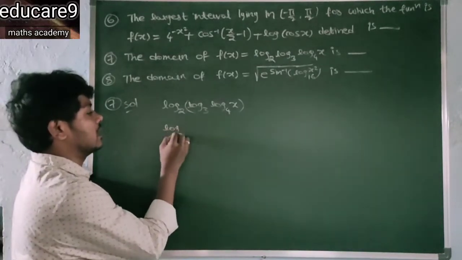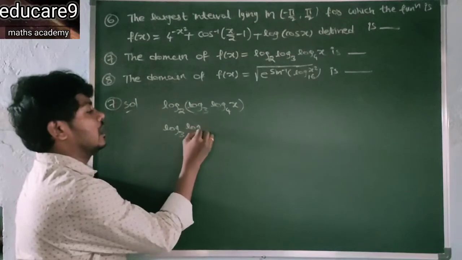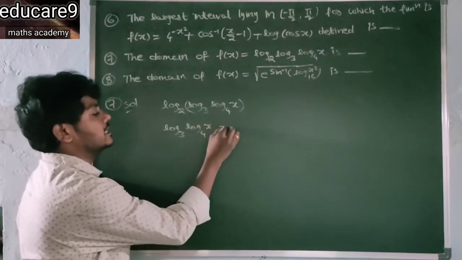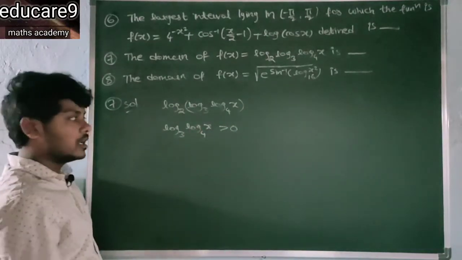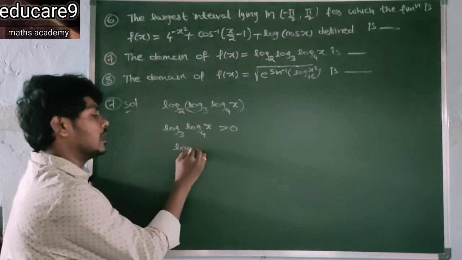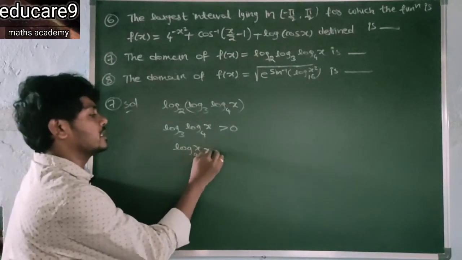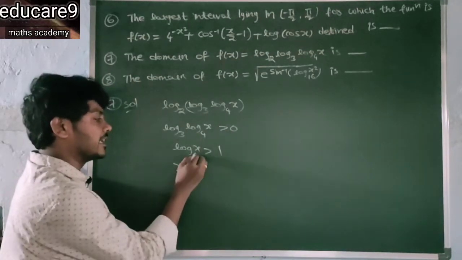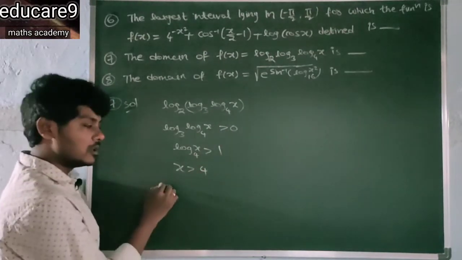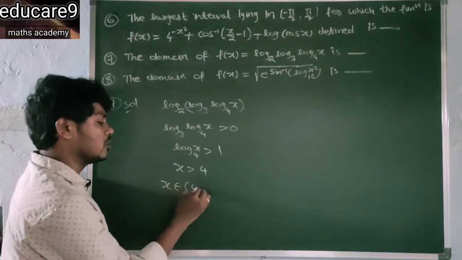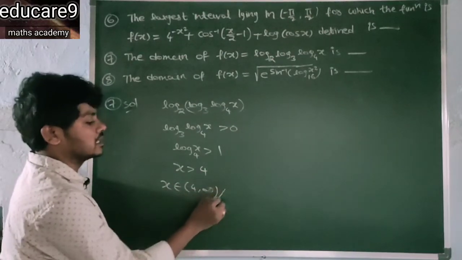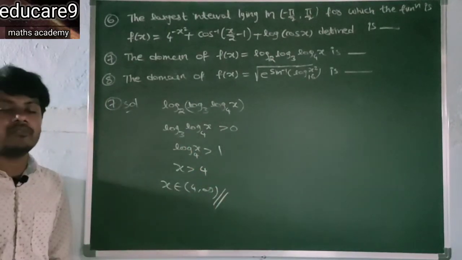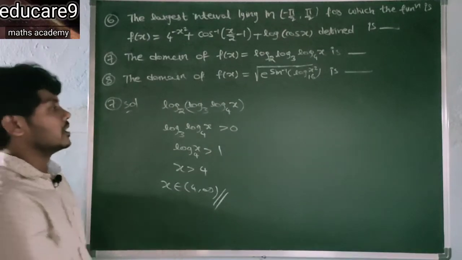So that is log 3 of log 4 of x is greater than 0. Now again, log of x base 4 is greater than 3 power 0, which is 1. So clearly x is greater than 4 power 1, which is 4. Therefore x belongs to (4, infinity). This is the domain of the given function. Now question number 8.